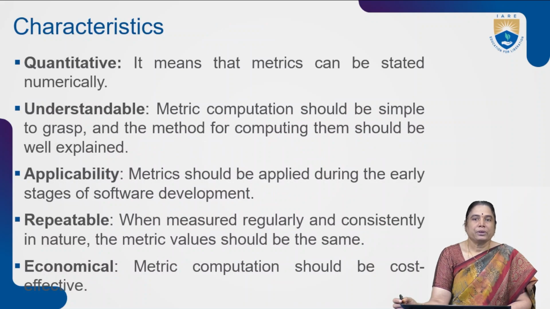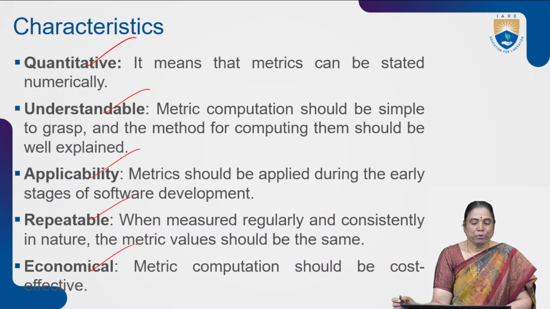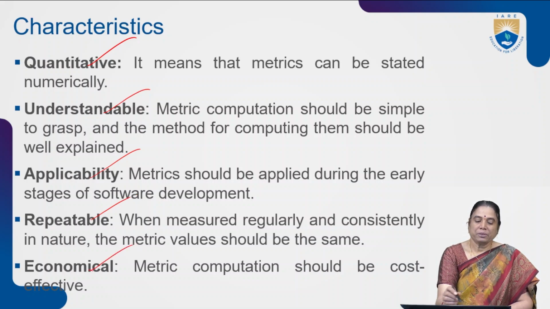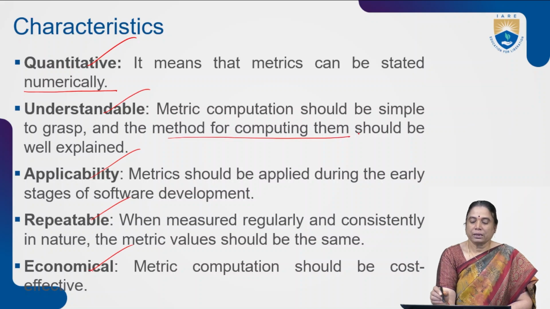The characteristics of software metrics are quantitative, understandable, applicability, repeatability, and economical. Quantitative means that metrics can be stated numerically. Understandable means it should be simple to grasp and the methods for capturing them should be well explained.